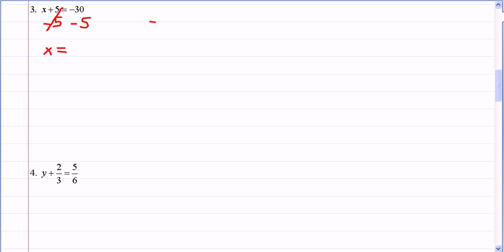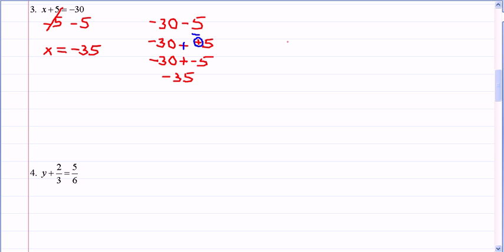If I write that out horizontally, negative 30 minus 5, it is the same as negative 30 minus a positive 5, and when I do keep, change, change, I end up with negative 30 plus a negative 5, which is equal to negative 35. So my value for x is negative 35.